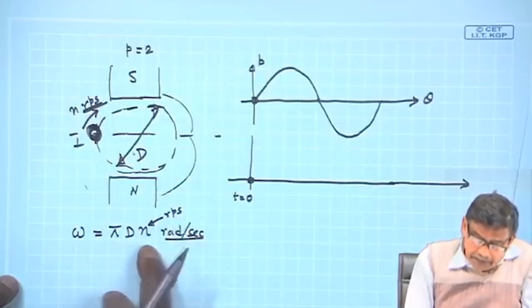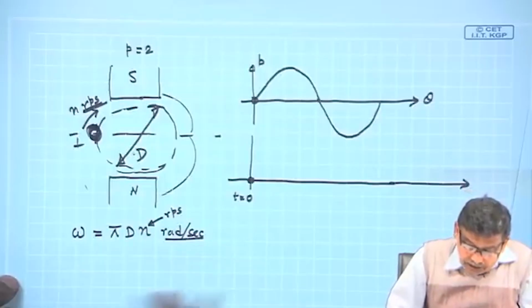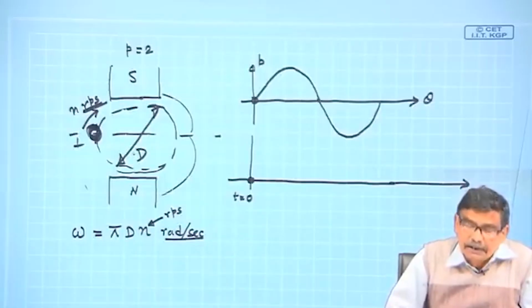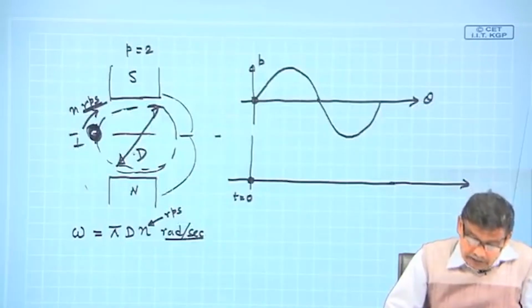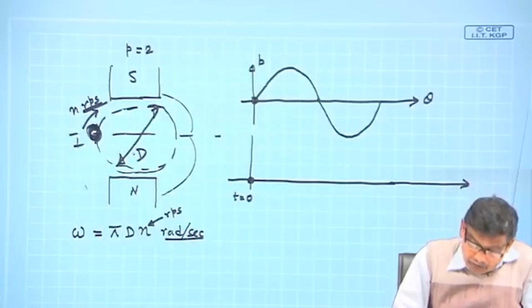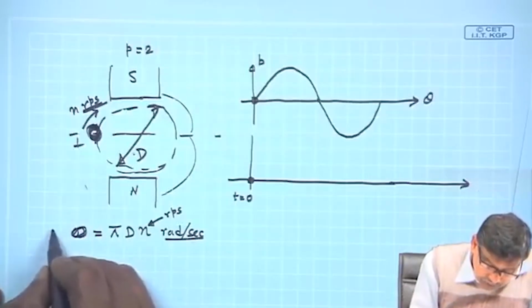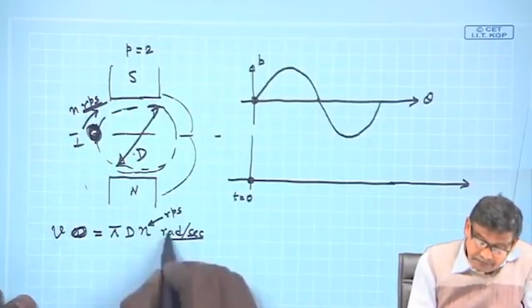You multiply by pi dn, because in one rotation it covers a distance. I am so sorry, v is equal to pi dn.